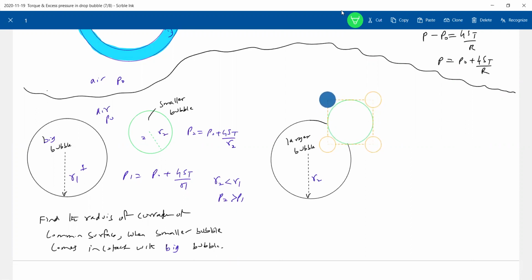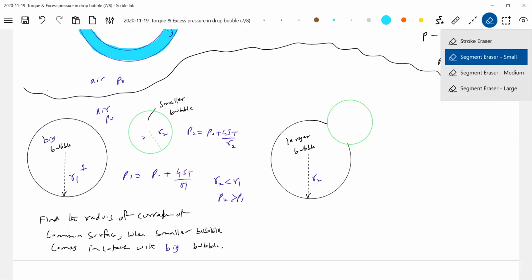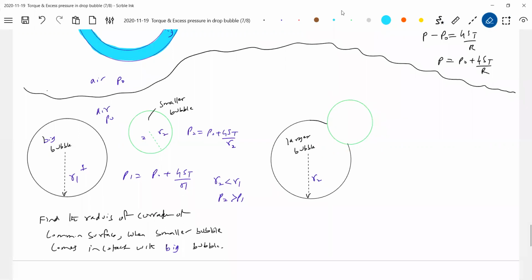Okay, this is what happens here. Now I'm interested in the common surface area. The eraser is not responding. Luckily, okay, got it.